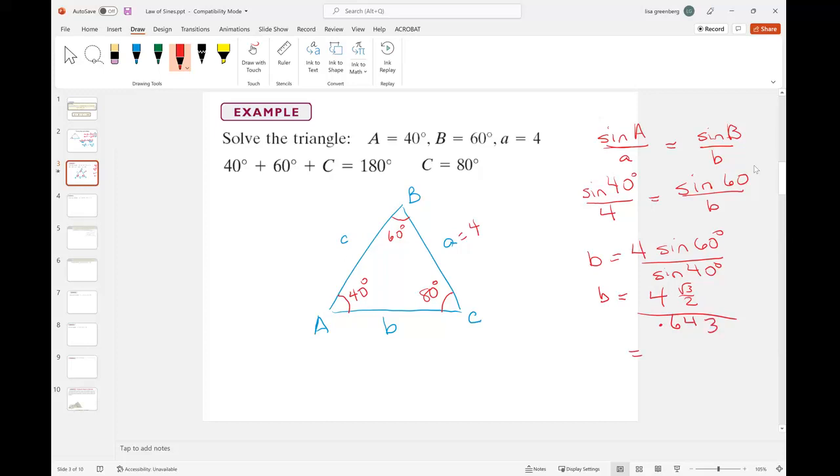So that's really 2 times the square root of 3 divided by 0.643. And I get that B is equal to approximately 5.39.